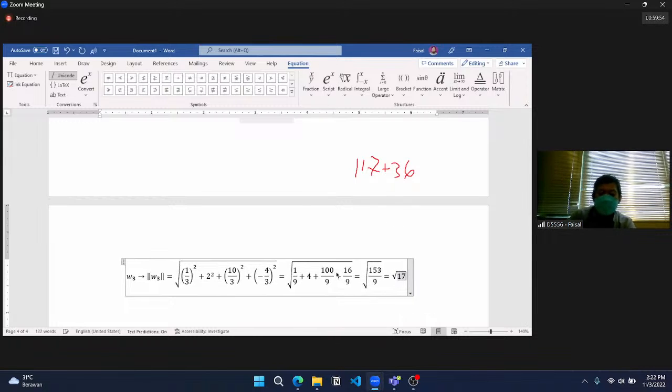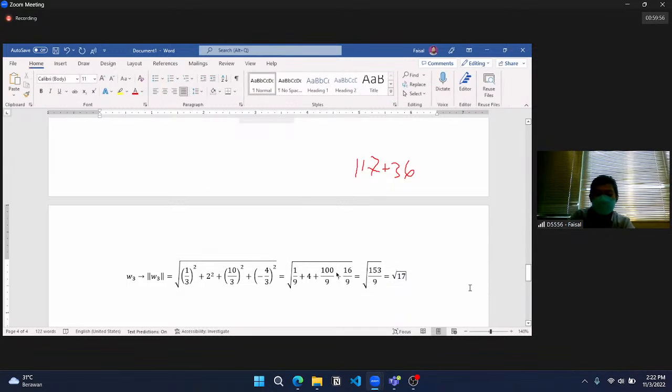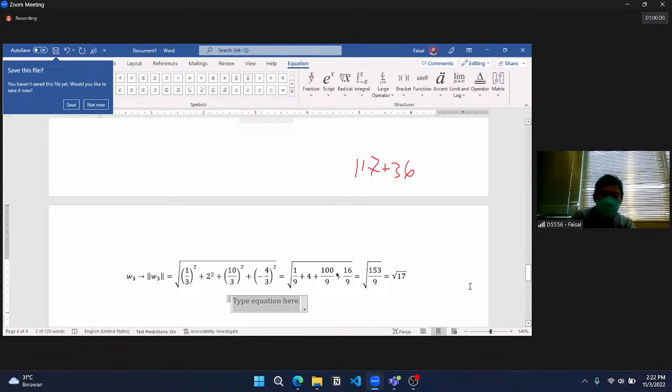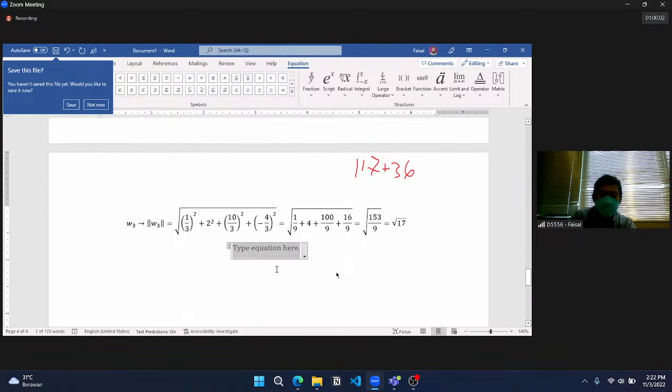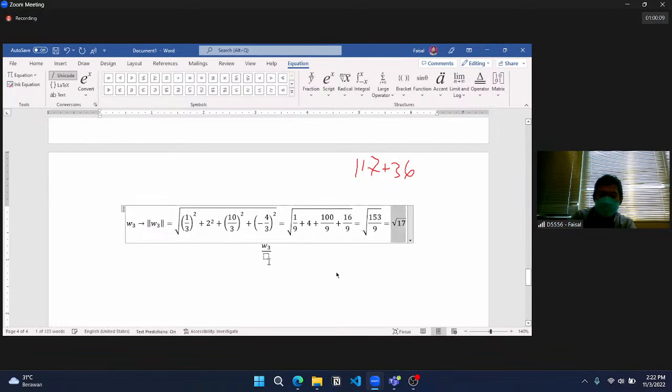So this is the norm of W3, and we normalize by dividing W3 by its norm.